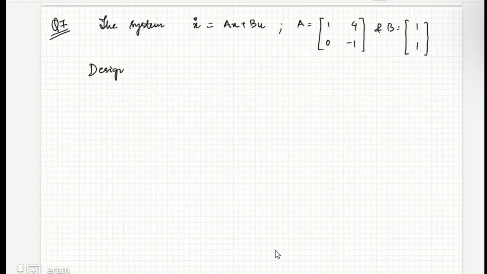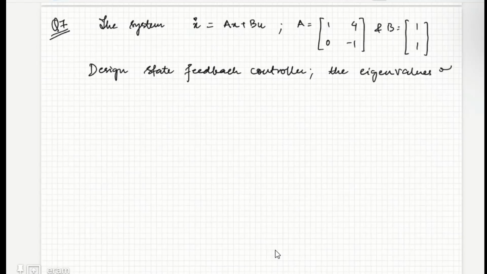Design a state feedback controller for this system, and you have to design it in such a way that the eigenvalues of the closed loop system are minus 1 and minus 2.